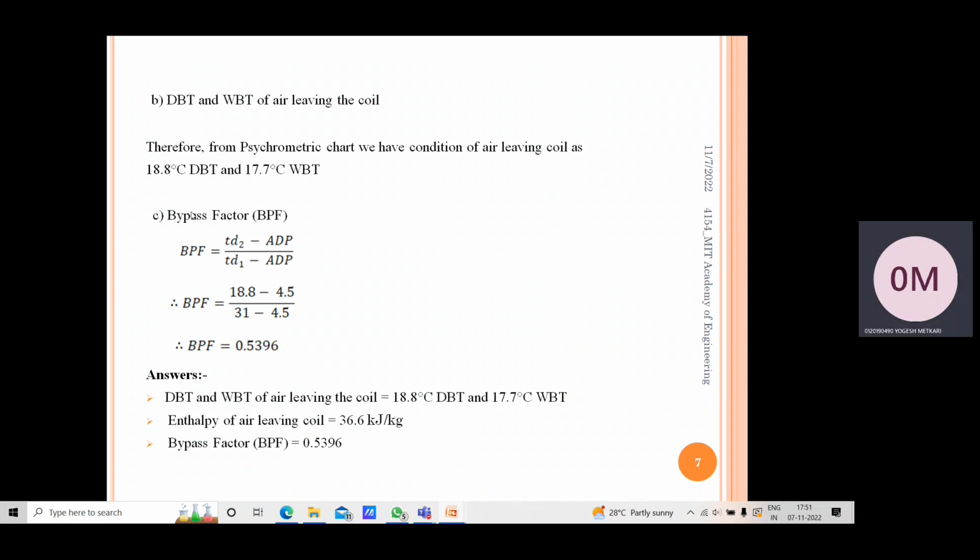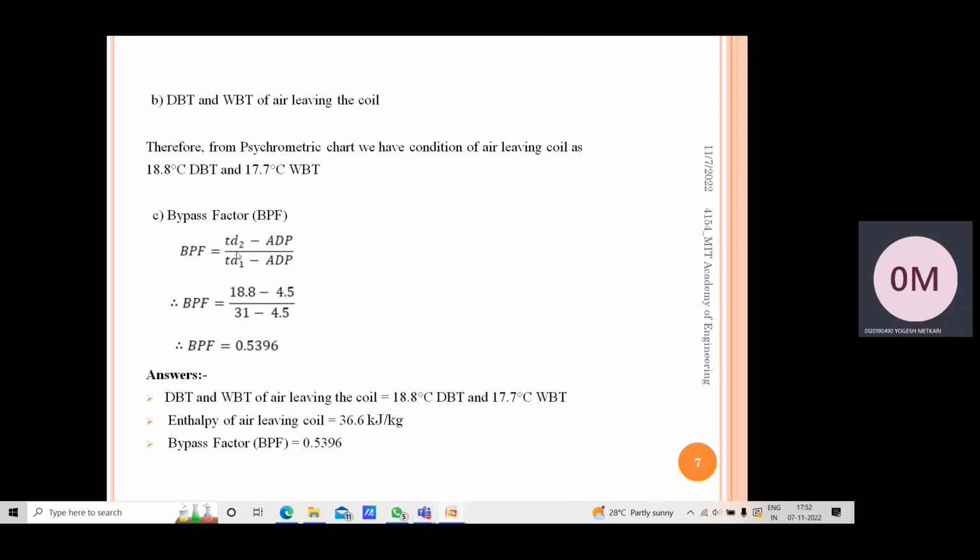So the next part is the bypass factor. We have the formula for bypass factor as TD2 minus ADP upon TD1 minus ADP. TD2 is nothing but the dry bulb temperature of air after the cooling coil, and TD1 is the dry bulb temperature of air before the cooling.